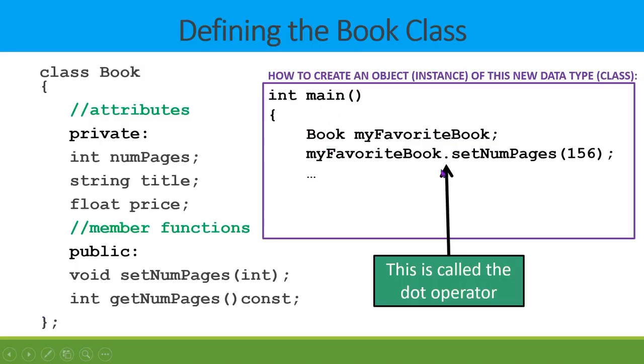Basically, outside code is any source file where you would include the header file that contains the class declaration, and then you can create an object of that class. So I'm creating a book object here called myFavoriteBook. And then I can access the data members. Sorry, take that back. I can't access the data members because they are hidden. I can access the public member functions by the dot operator and then the name of the function.